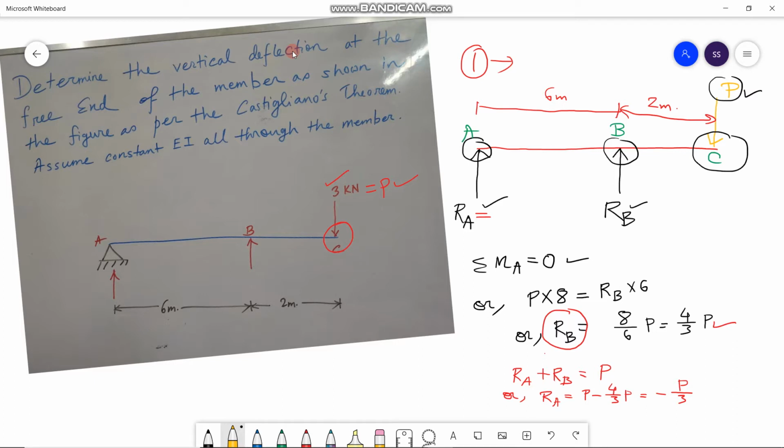So from the calculation we can see that the reaction force at A is minus P by 3. That means the reaction has a negative value.